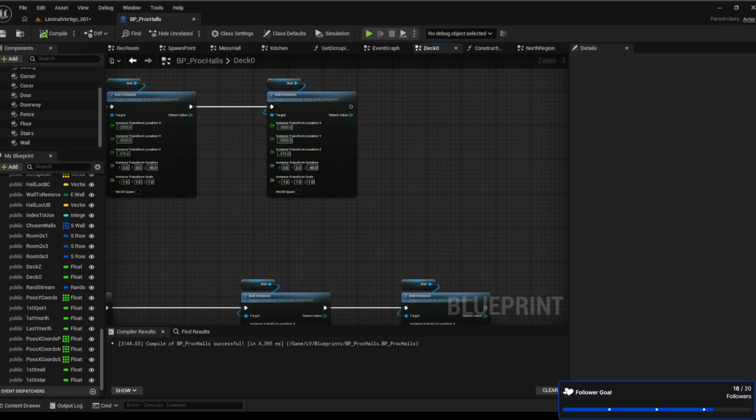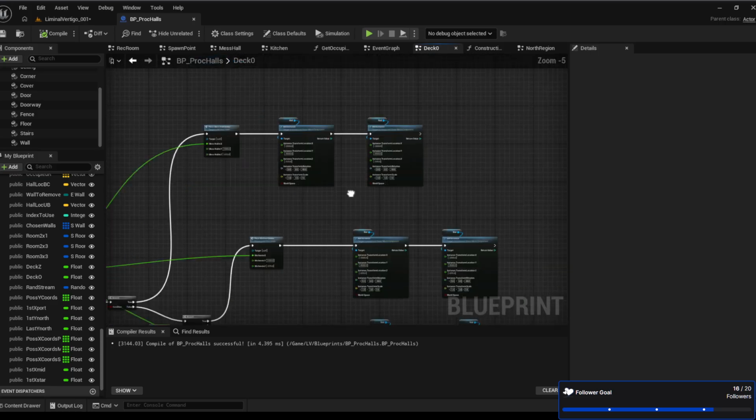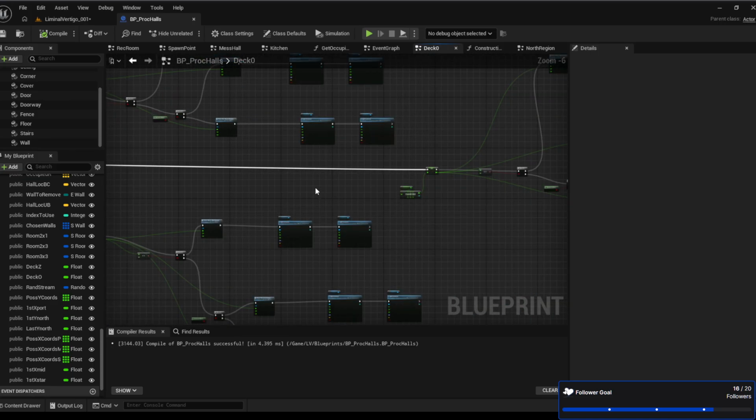Okay, so let me go back. So we got all of these from negative 4,000 to negative 9,500, and these numbers should be the same. The x should be the same. Should be, but we'll see. Because I remember I didn't place them correctly, some of them anyways.